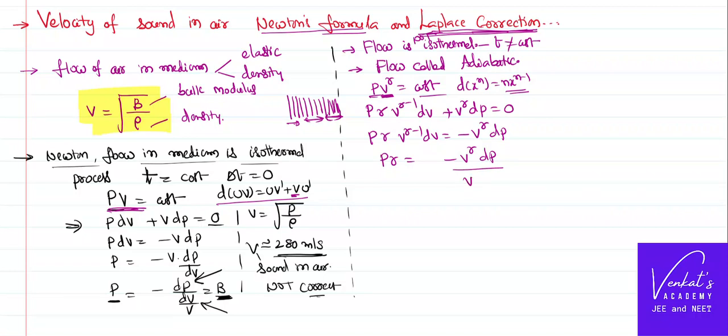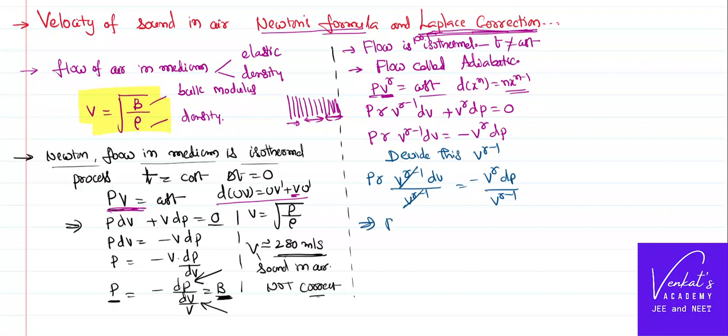Before going further, let me do one simple thing to simplify this. Let's divide this equation by V power gamma minus 1 on both sides. P gamma V power gamma minus 1 dV by V power gamma minus 1 equal to minus V power gamma dP by V power gamma minus 1. These two things can cancel.